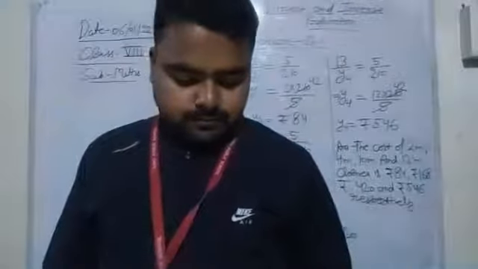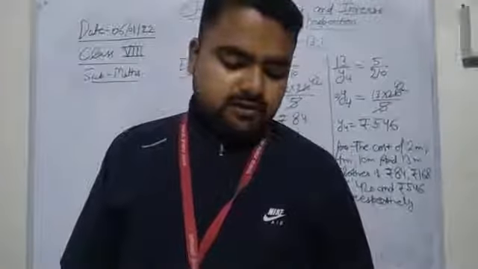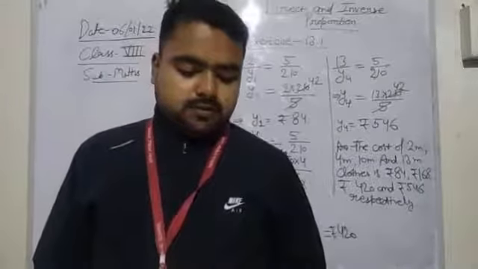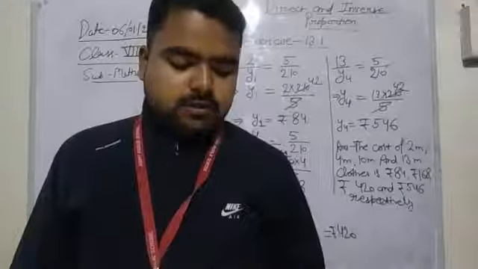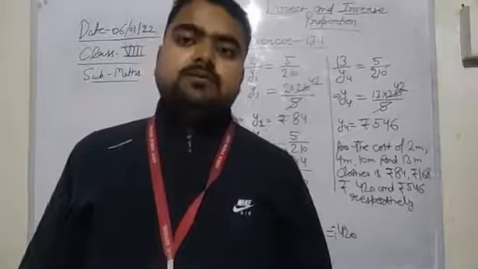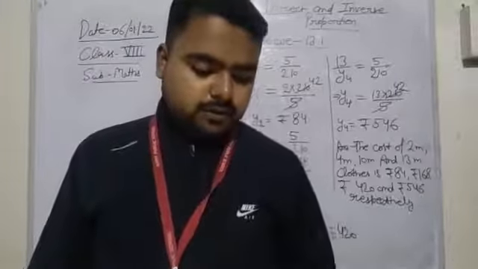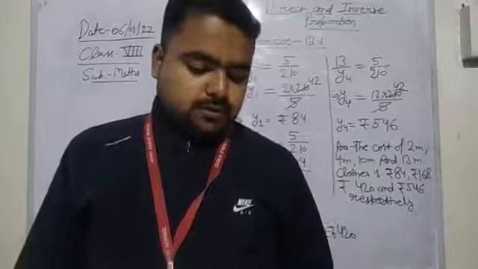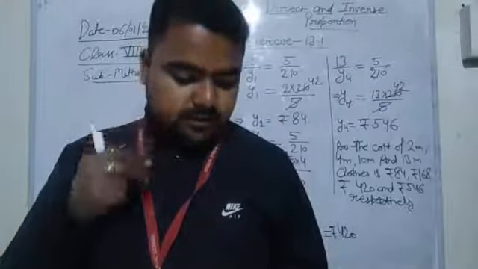Okay, now example number 5. As you all can see here, the scale of a map is given as 1 is to 3 crore, and the distance of 2 cities on the map is 4 centimeters only. So we find how much the distance is in actual. Let the distance on the map be x centimeters and the actual distance be y centimeters.